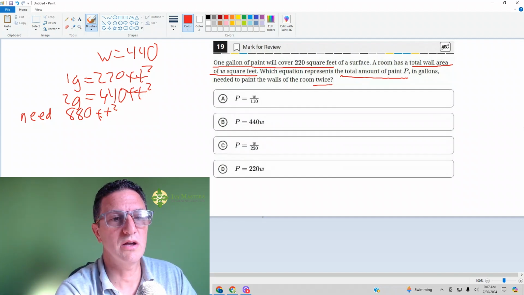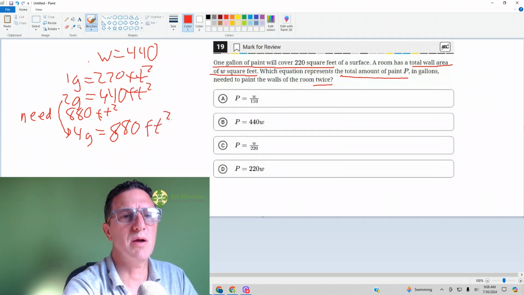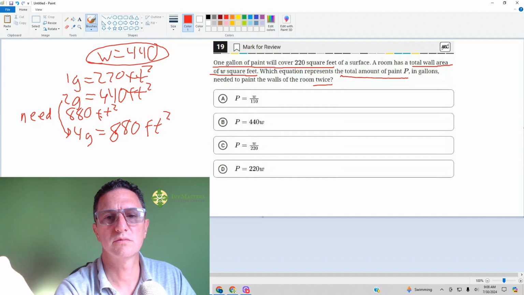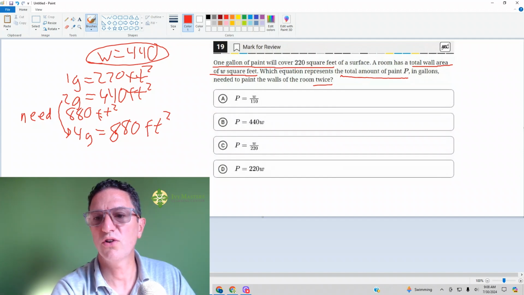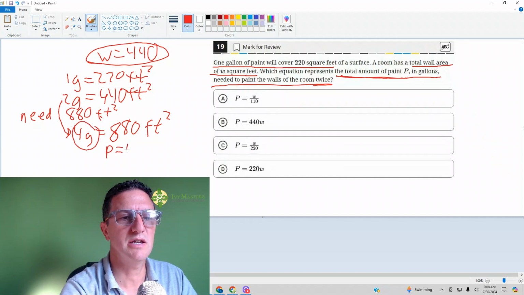If 1 gallon covers 220 and 2 gallons cover 440, notice here if I multiply it by 2, 4 gallons is going to cover 880. Okay, so keep in mind my W is 440, and since the question is what's the total amount of paint in gallons needed to paint the room twice, I'm going to need 4 gallons. So P is equal to 4.